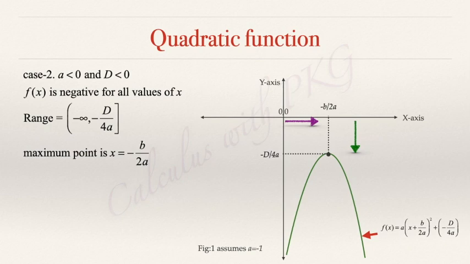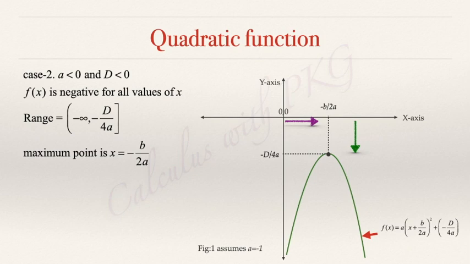Because here I have chosen d less than 0 and a also less than 0. So the fraction d by 4a will become a positive number, but here the minus sign is multiplied with the fraction d by 4a. So ultimately minus d by 4a will become a negative number.